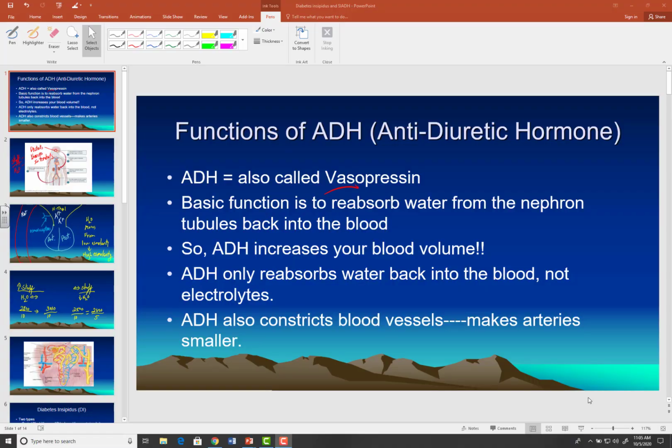Today what I want to explain to you is the functions of antidiuretic hormone. And when you speak of antidiuretic hormone, when you don't have enough or you have very little, so no ADH or very little ADH, that leads to diabetes insipidus.